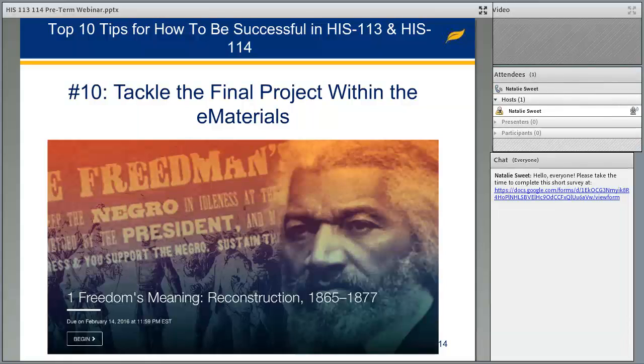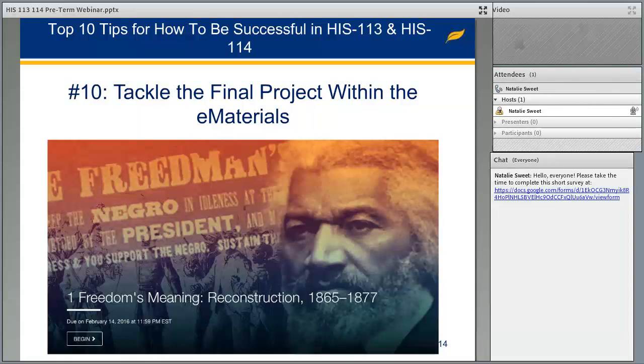And then in later chapters within your eMaterials, you will actually find sections where you will work on your paragraphs that will act as the evidence for your paper. So don't be working on your final project outside of the eMaterials.